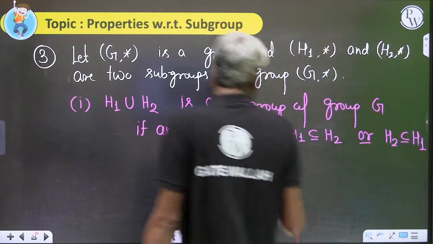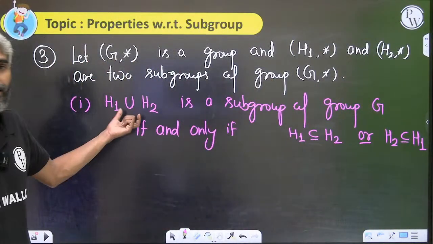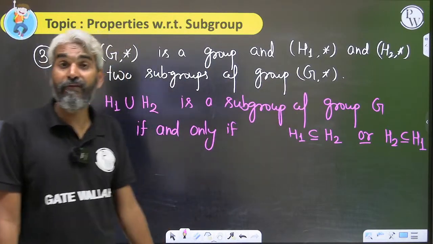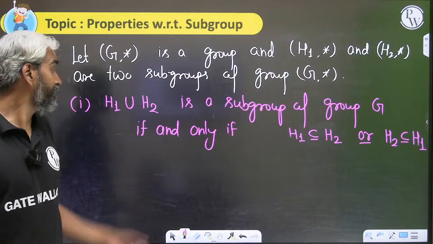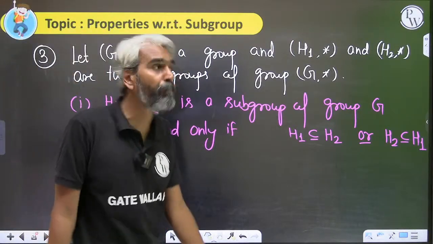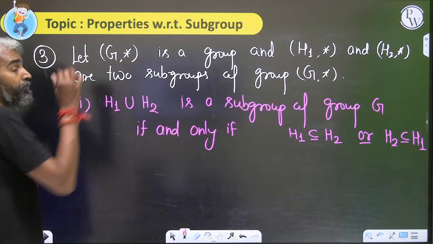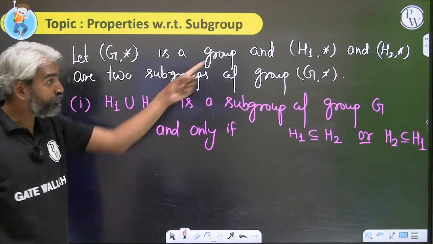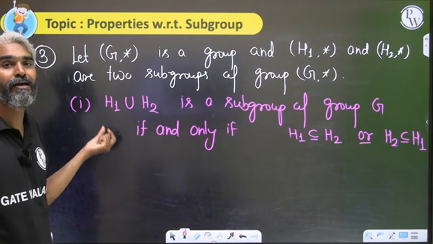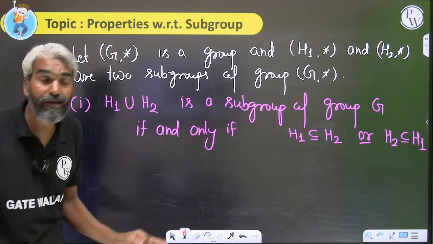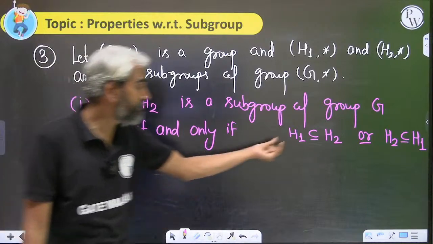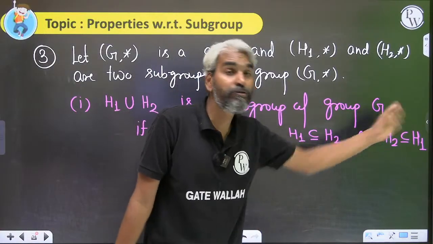That is, if you take the union of H1 and H2, it should be either H1 or H2. If it is not satisfied, then the union of H1 and H2 will not satisfy the closure property with respect to binary operation asterisk. Therefore, if H1 and H2 are two subgroups of group G, then the union can be a subgroup if and only if one set is contained in the other.